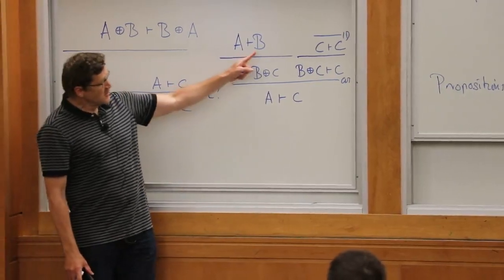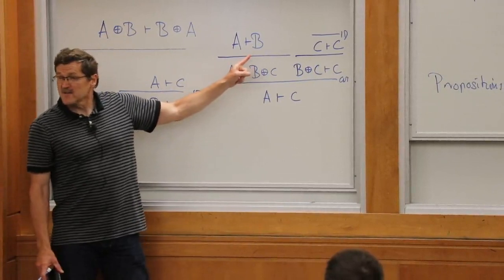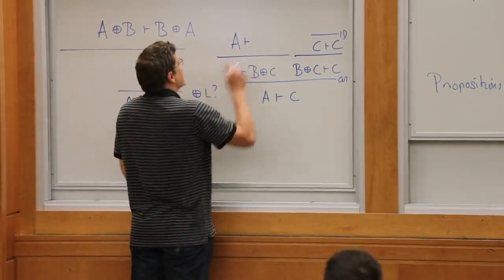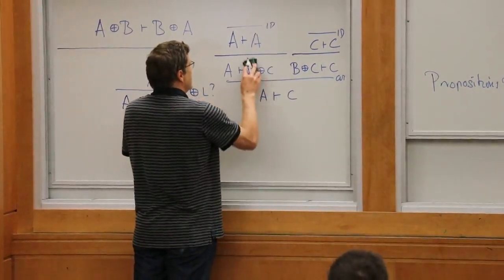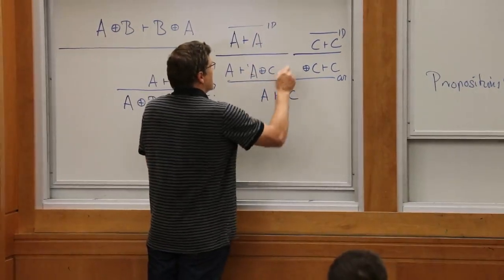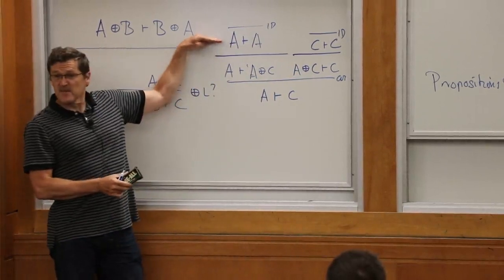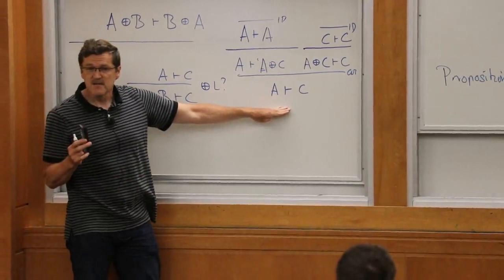If A entails anything at all, then it can also entail C. But actually, we know something that A entails: A. So I can make this the identity, make this A. Now what we have shown is that under no assumption whatsoever, because we have finished all the proofs, A entails C, for arbitrary A and C.